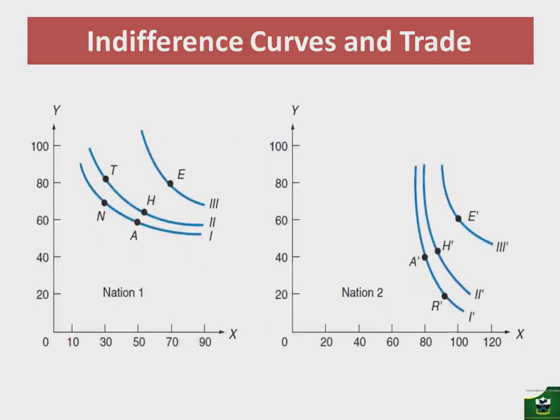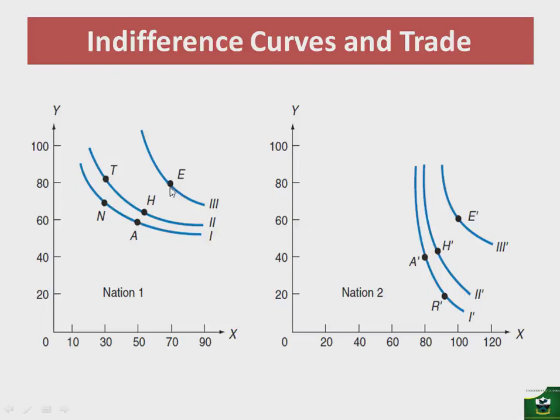Okay, so let's consider the indifference curves for nation 1 and nation 2. On the left panel, we have indifference curves for nation 1, and we have different points: point A and N on indifference curve 1, H and T on indifference curve 2, and then E on indifference curve 3.